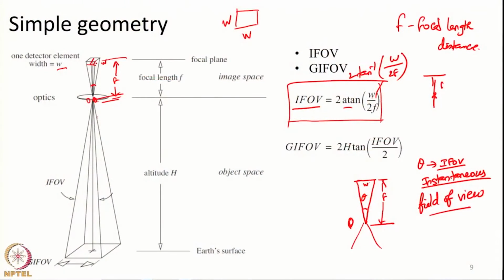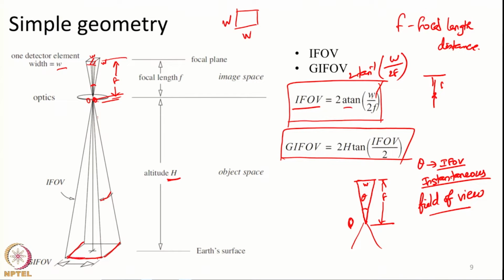So, that is given here in this particular formula, and you can see it from this particular diagram. This angle is IFOV. Based on the IFOV and this orbital altitude h, that will determine the ground area covered by each detector element. If there is a detector element W here, there will be a corresponding value on this particular side based on the orbital height.